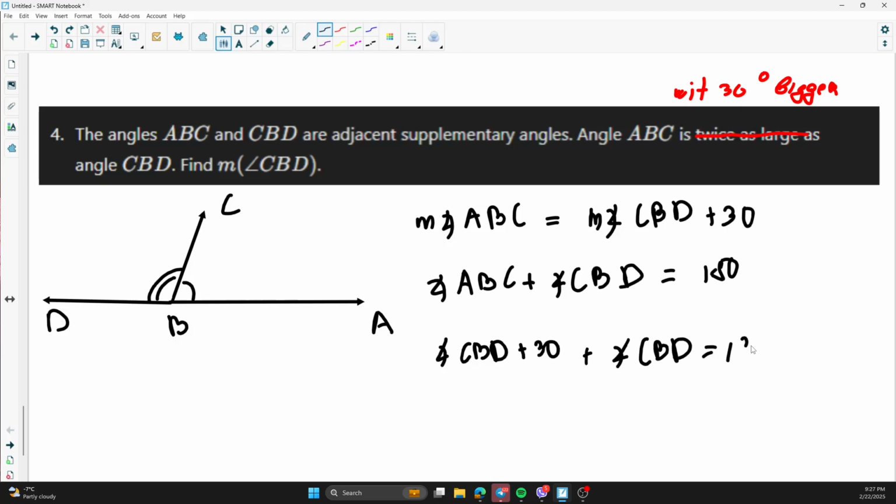That's just two measurements of CBD equals 150, because of minus 30, right? Which means CBD is 75. Now if CBD is 75, ABC will be how much?